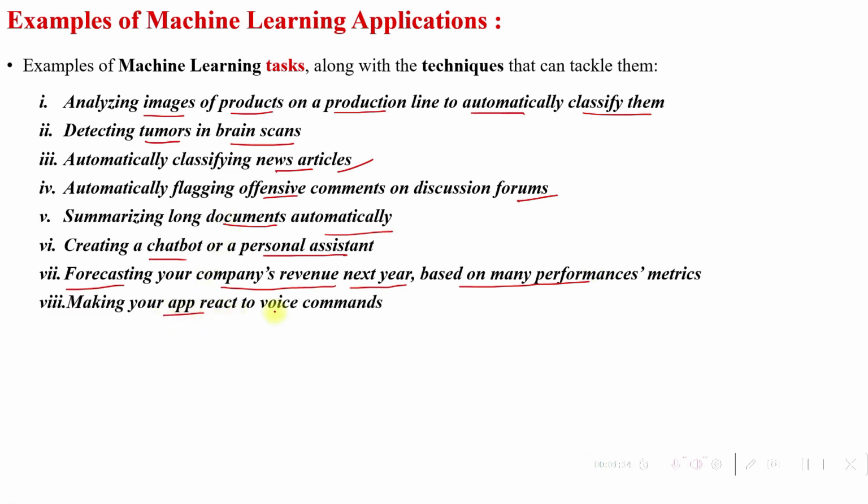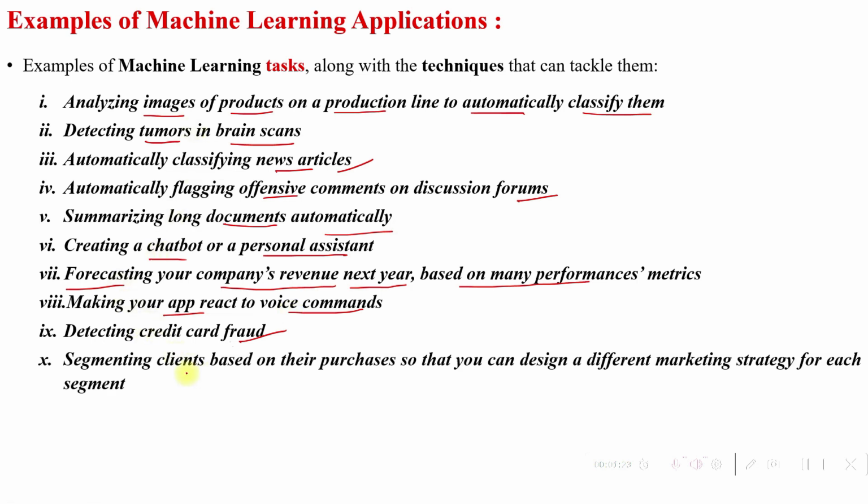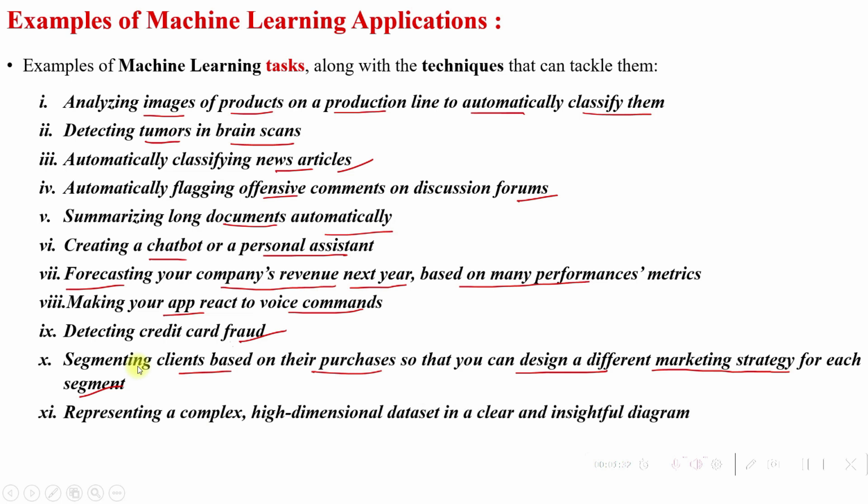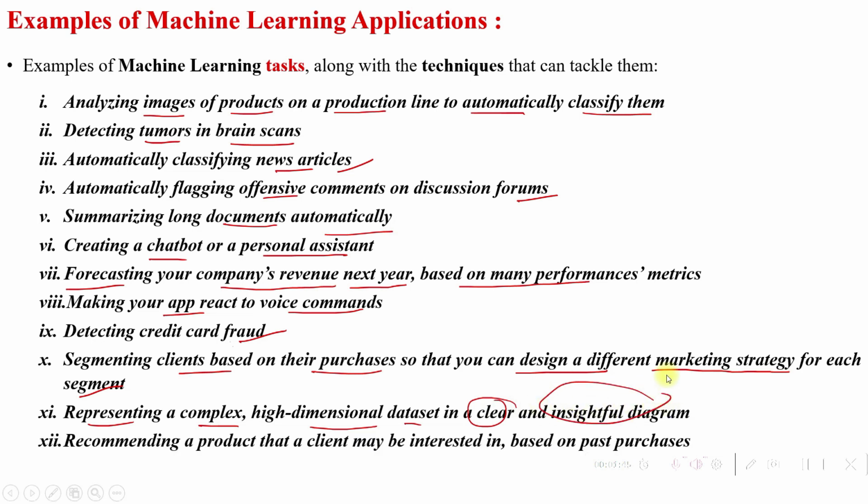making your app react to voice commands, detecting credit card fraud, segmenting clients based on their purchases so that you can design a different marketing strategy for each segment, representing a complex high-dimensional data set in a clear and insightful diagram, recommending a product that a client may be interested in based on past purchases, and building an intelligent bot for a game.